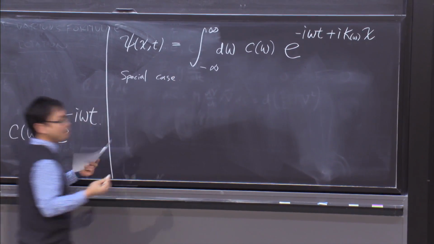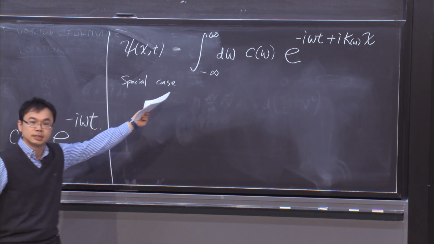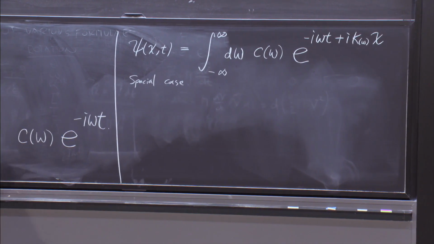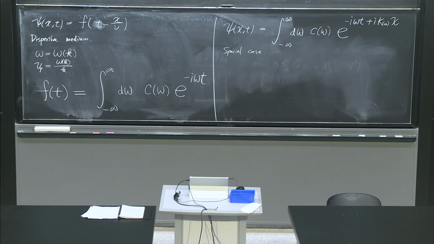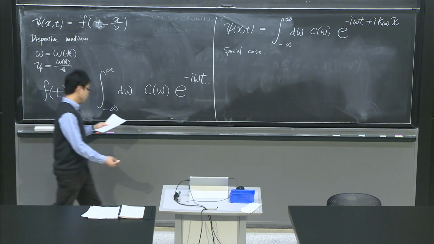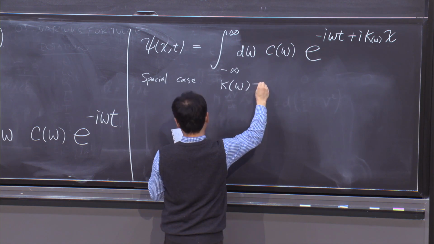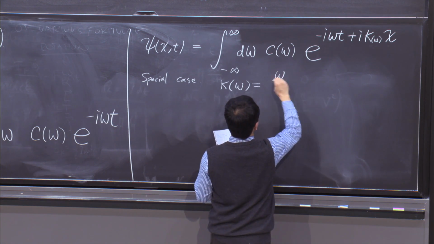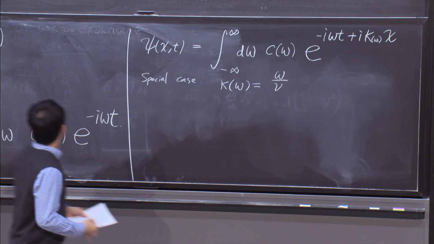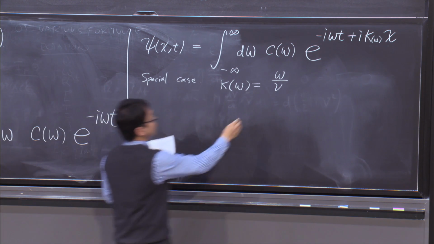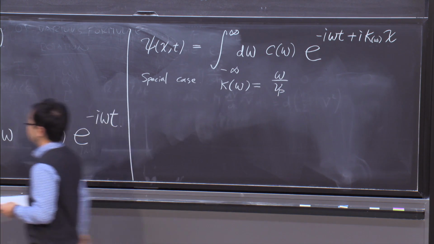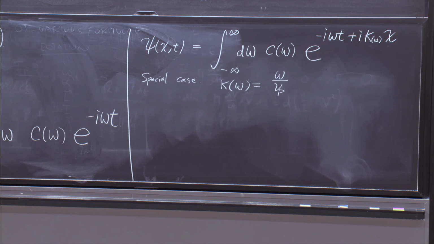If I now go back to use this description to describe a non-dispersive medium, let's see what will happen. Now my k as a function of omega is actually rather simple. It's omega over vp, according to the dispersion relation here.